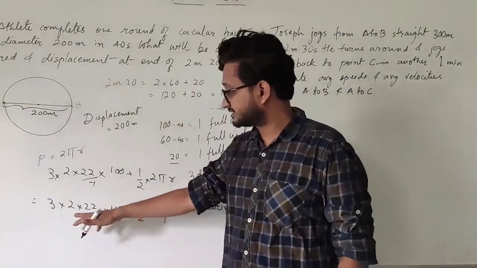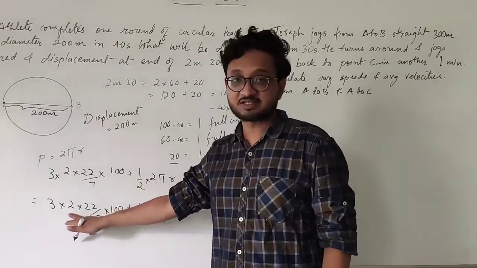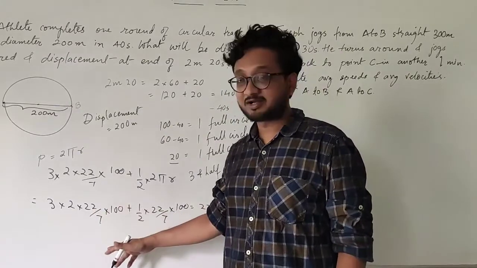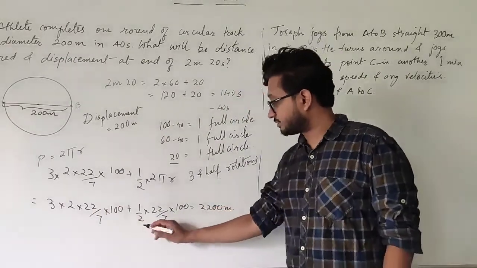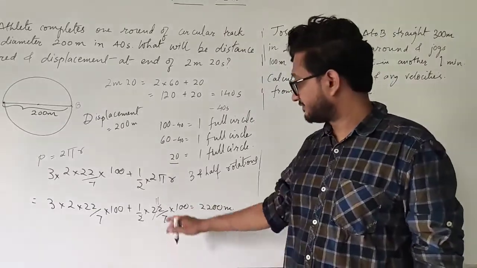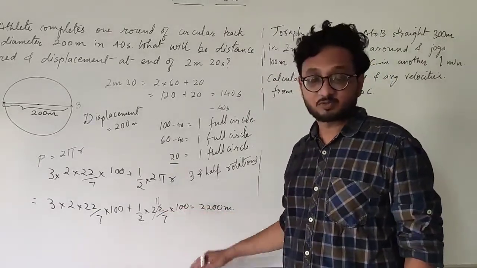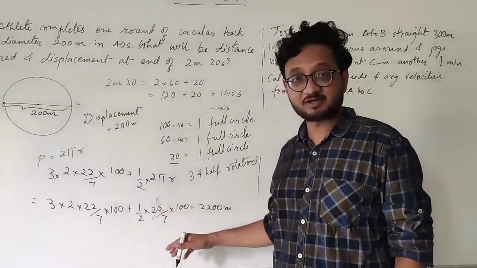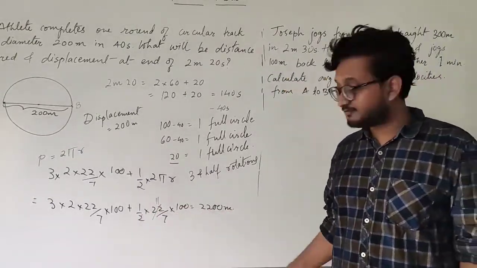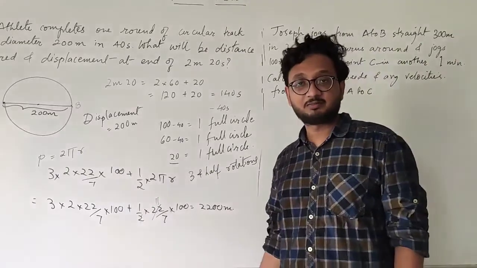Simply multiply 3 into 2, that is 6, then 6 into 22, and multiply by 100, and divide by 7. Once again over here you can multiply 11 into 100, which becomes 1100, divided by 7, and solve the rest. You will get the final answer somewhere around 2200 meters.